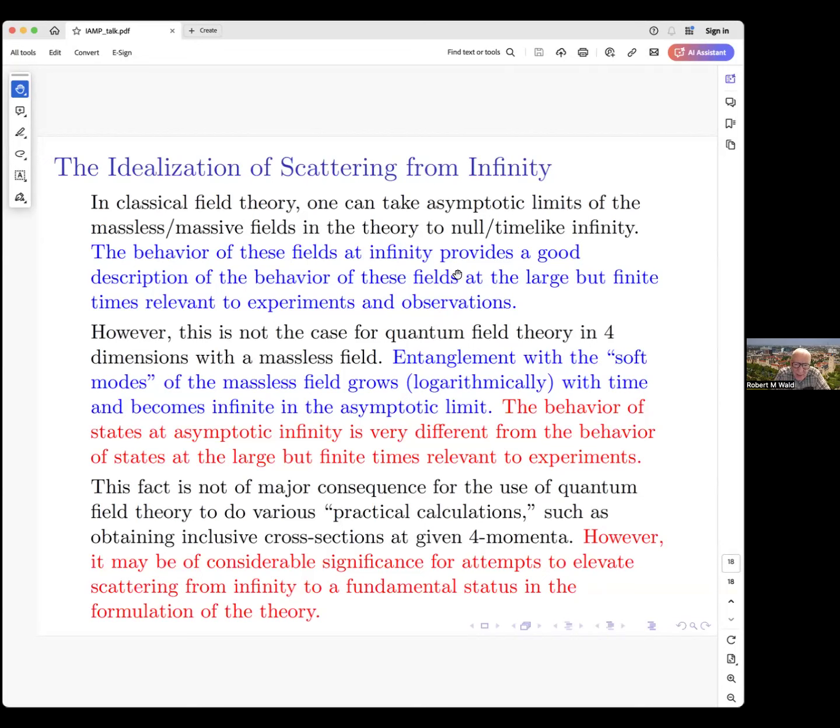and observations. But that is not the case, I'm arguing and asserting, in quantum field theory in 4 dimensions with a massless field, because you're going to get this logarithmic growth of entanglement of the charged particle, if we're doing the electromagnetic case, with what you might refer to as the soft modes of the massless field.